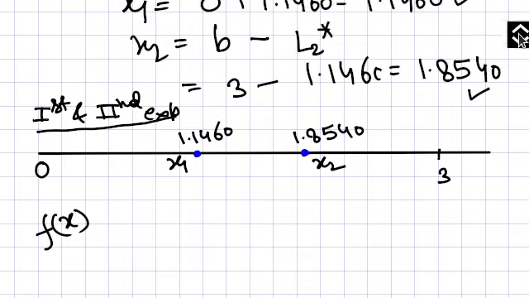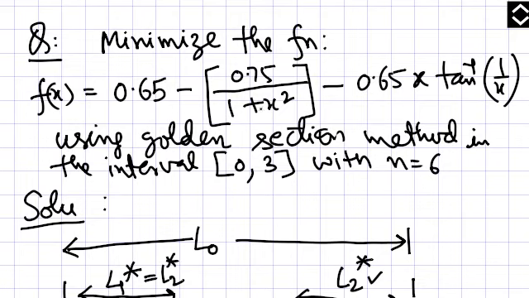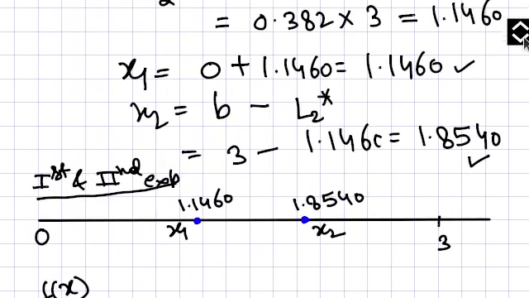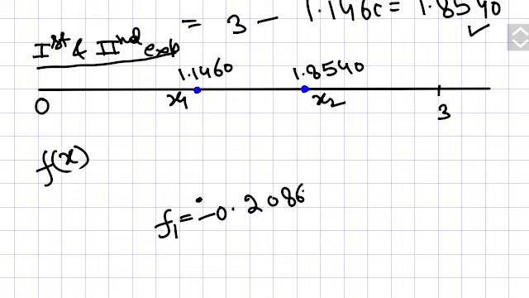The function is this, which was given in the question, and here you put first the value of x1 and then x2, so you will get the value here that I have already got, and this is minus 0.208654.